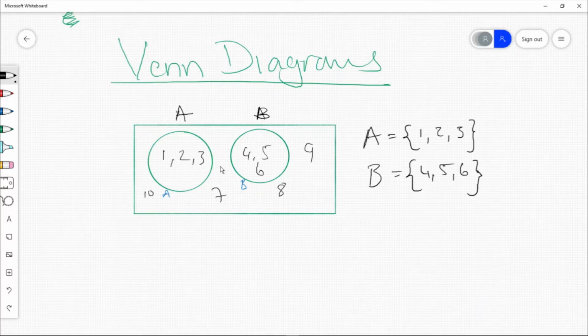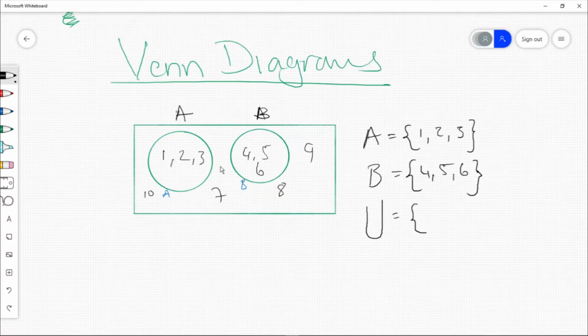Okay, and how do we represent the universal set? Do you guys know how to represent the universal set? It's very important. The universal set is usually represented by a long U or something like that.